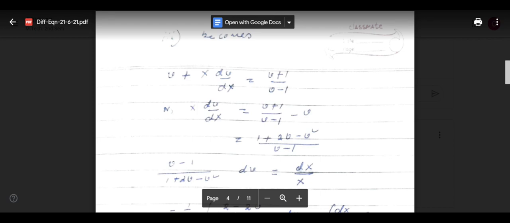Everyone completed? Whoever completed, see case 2. Others can do the first one first, then I'll explain case 2. But try to understand yourself.